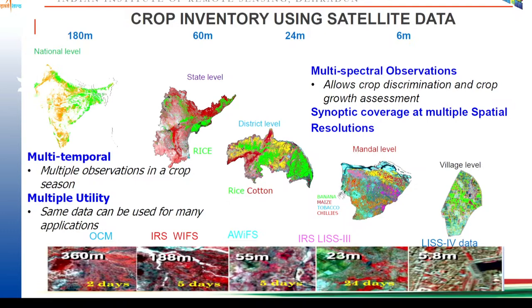If your interest is mandal level or village level, you can go even further up to high resolution satellite data like LISS-4. With the improvement in spatial resolution, you can better classify more number of crops. But here you can do only rice and wheat, because these are the two staple crops and occupy the majority of land mass or net sown area in India.